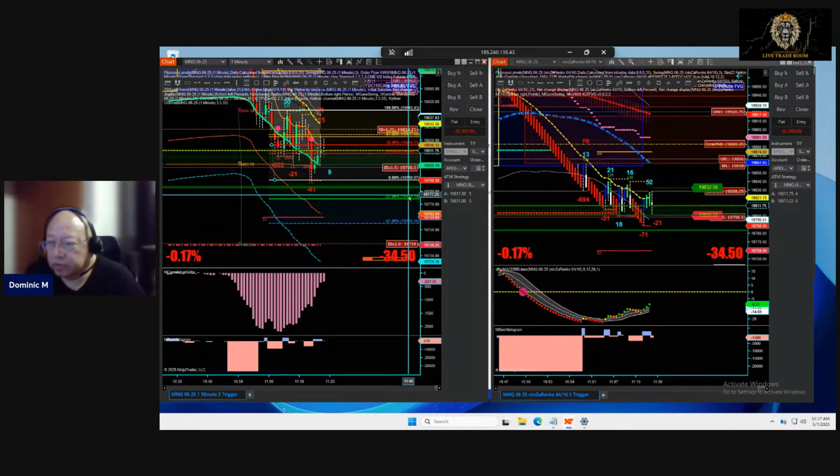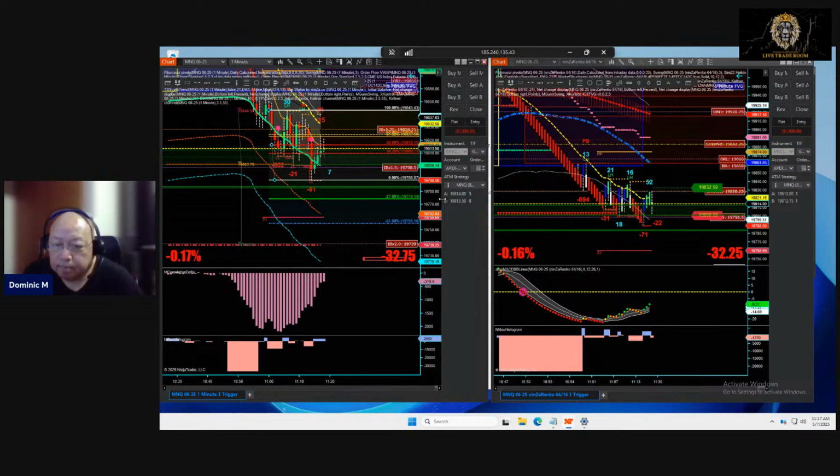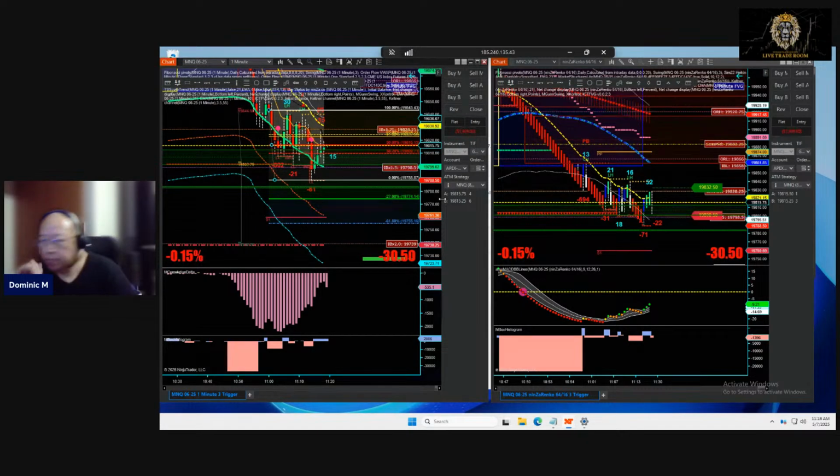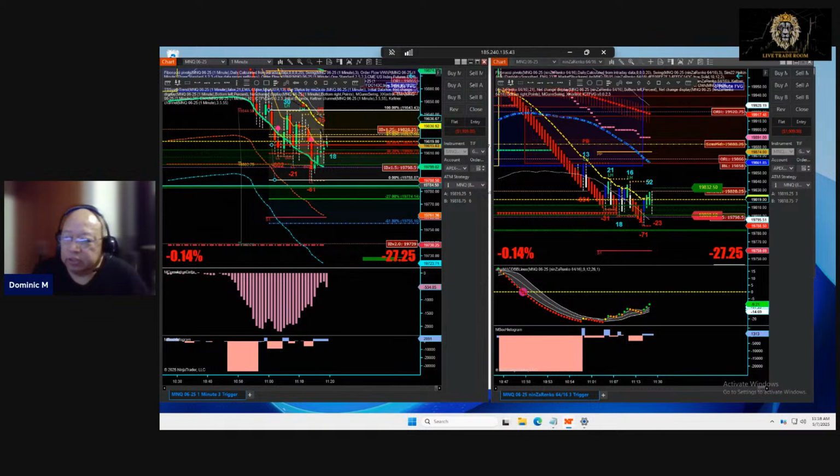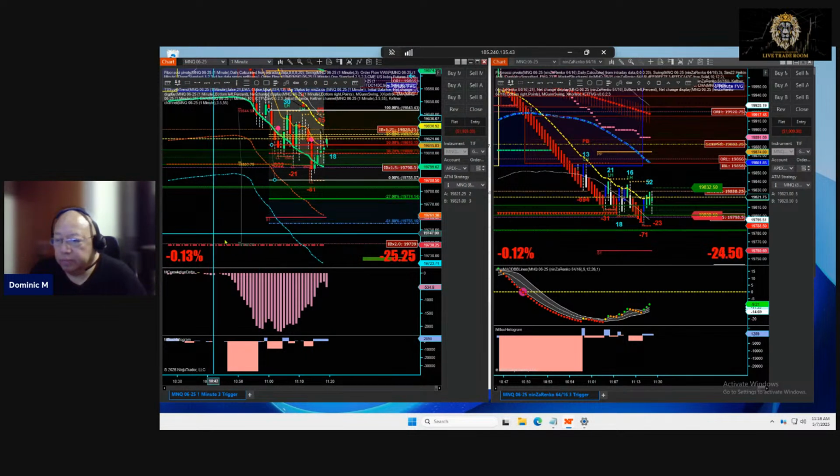Let's see where they get close. So what we want to see is price close above the 21 EMA here on the 1 minute.